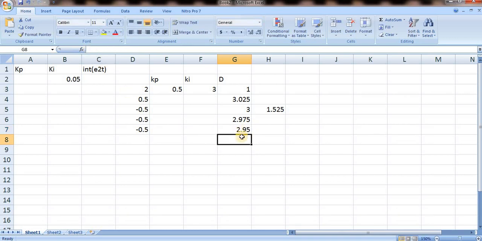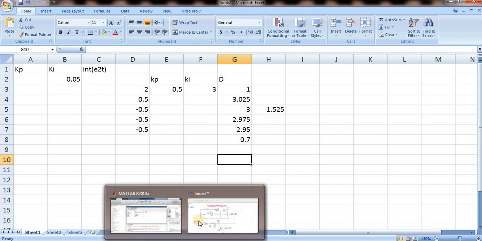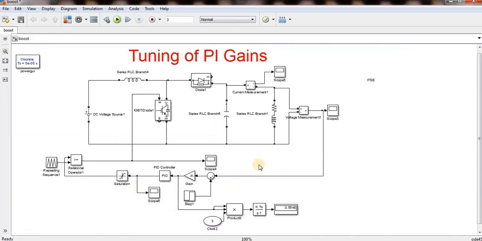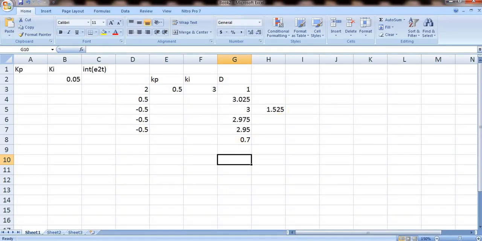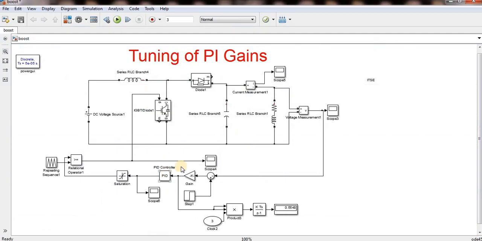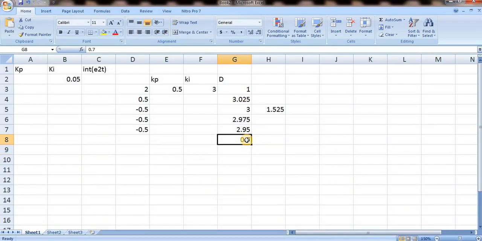So once it is coming to my desired value, let us assume my duty cycle of 0.7 is the best value to get my output of 200. Once the output of the PI has reached 0.7, and my output is my desired value or target value, what will happen?